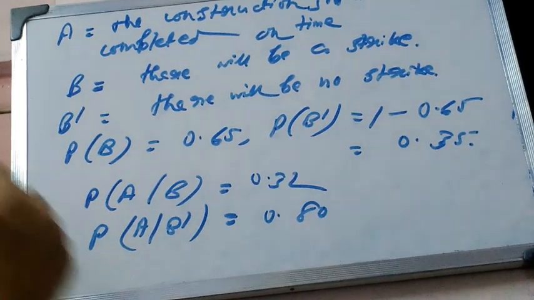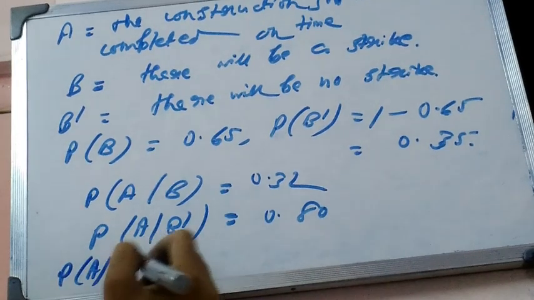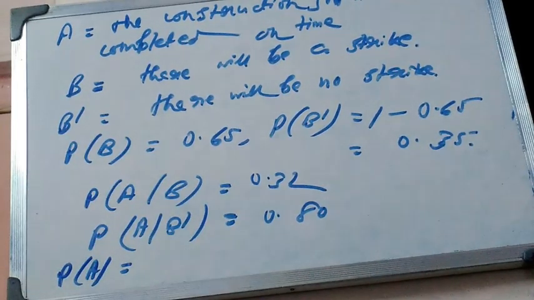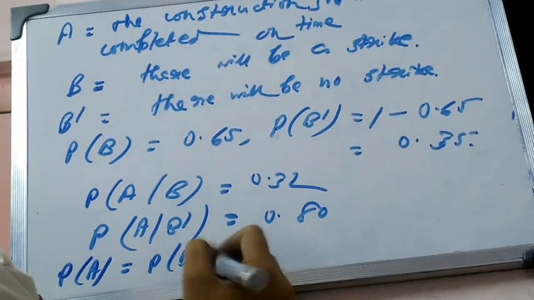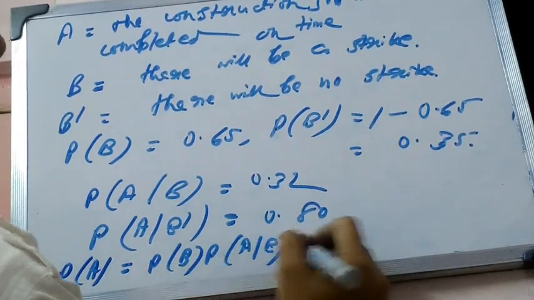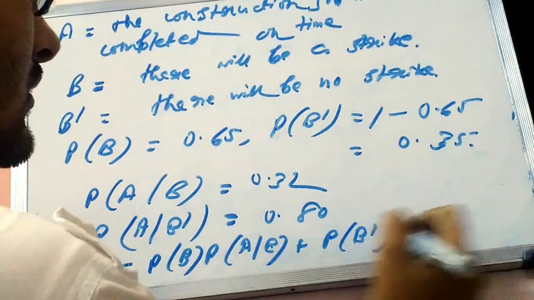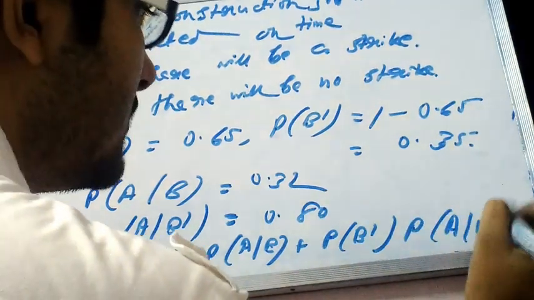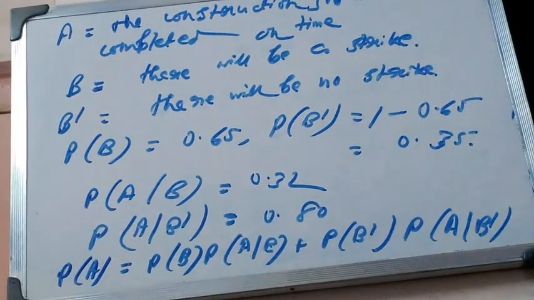So the probability of A will be, by the before discussed theorem, the theorem of total probability, probability of B into probability of A given B plus probability of B bar into probability of A given B bar. So this is the formula.